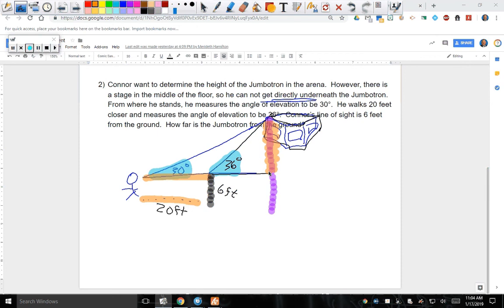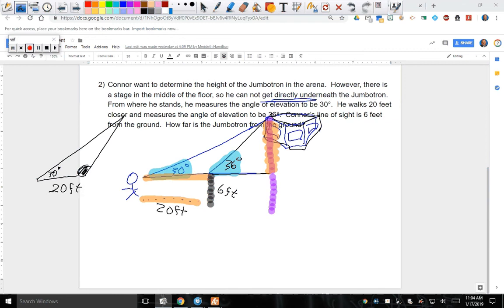You with me? The only pieces that we have are these right here. You got to take these very carefully and very exact. We have this angle, which we'll talk about in just a bit, and then the other one is 20 feet.